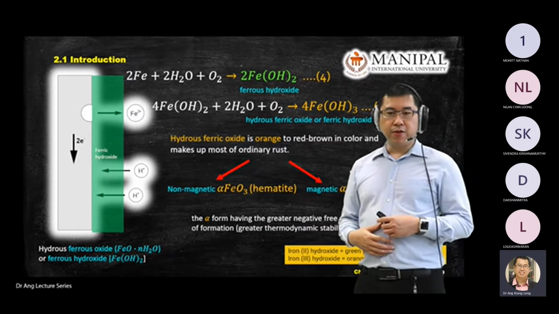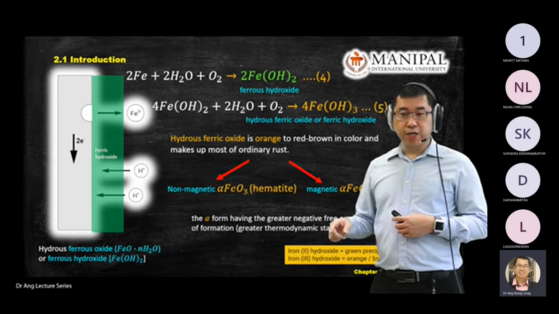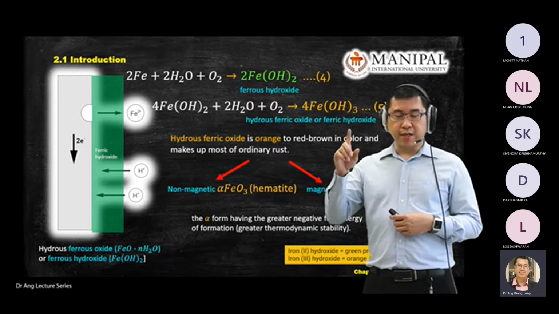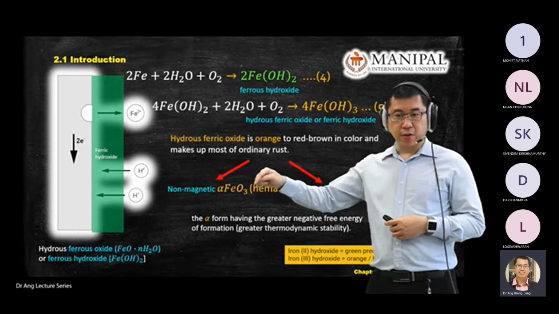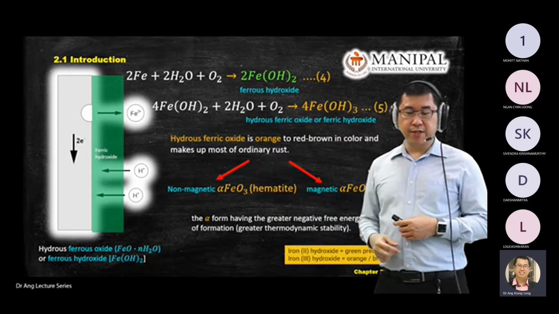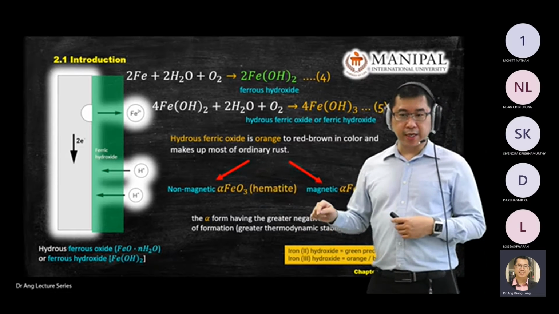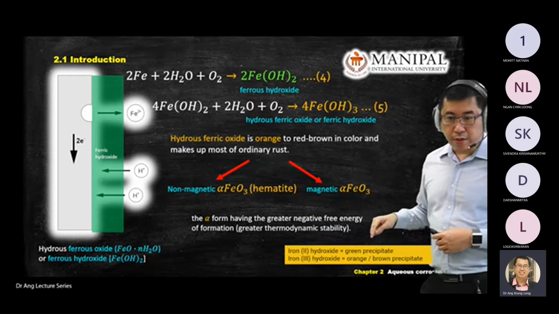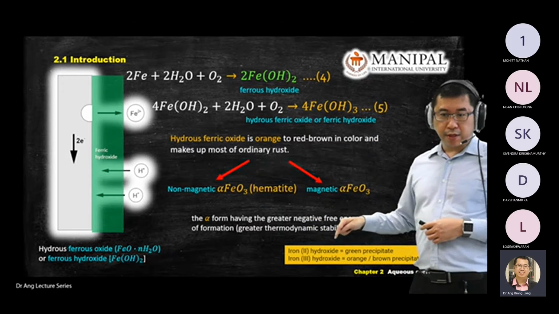In the material module, when you have the material chart, you can see that iron has alpha phase, beta phase, and gamma phase. So when you have the gamma phase, it means it will be more stable thermodynamically. So this is just a side note, the color of hydroxide.